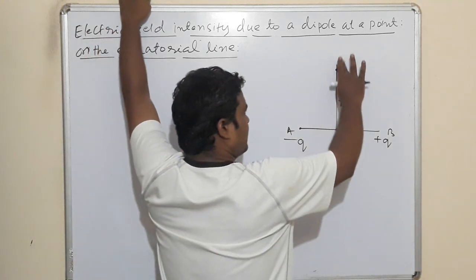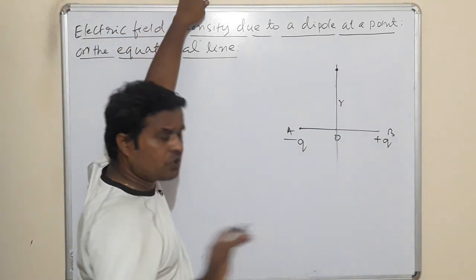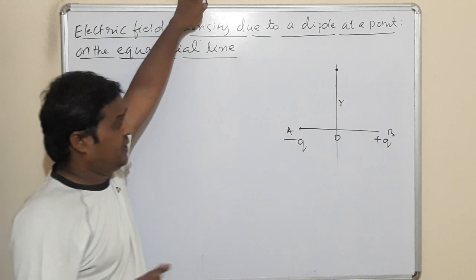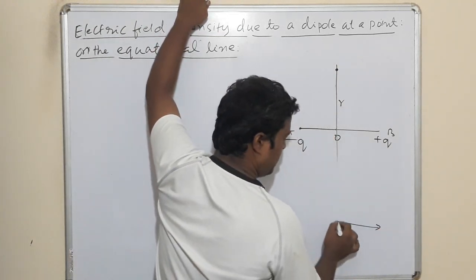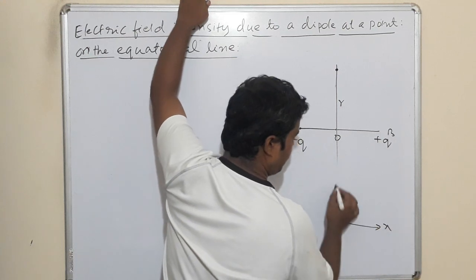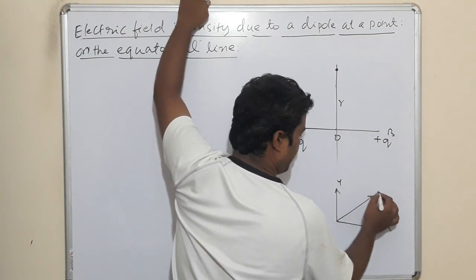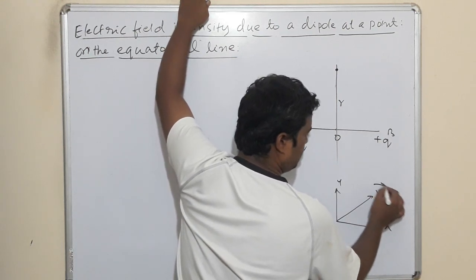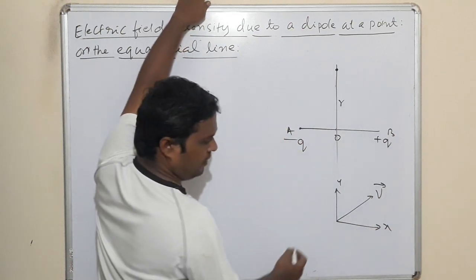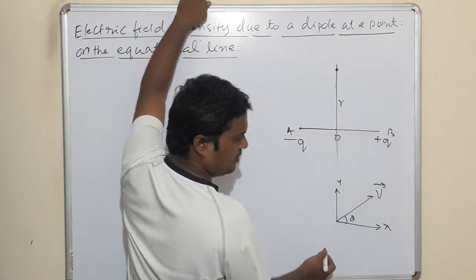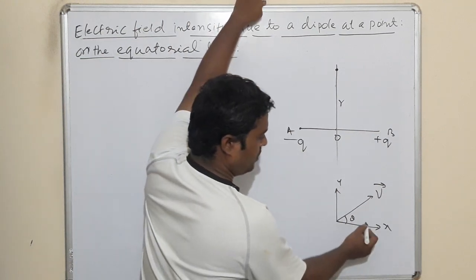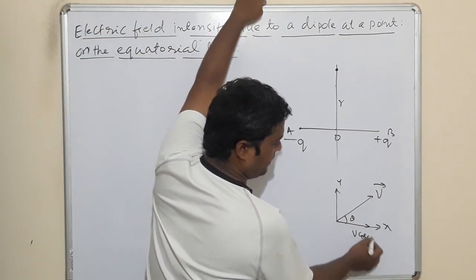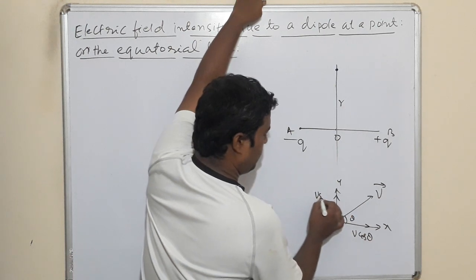Remember the resolution of vectors that we studied in first year. If this is the x axis, this is the y axis, and here is a vector v at angle theta, then vector v can be resolved into two components: v cos theta and v sin theta.